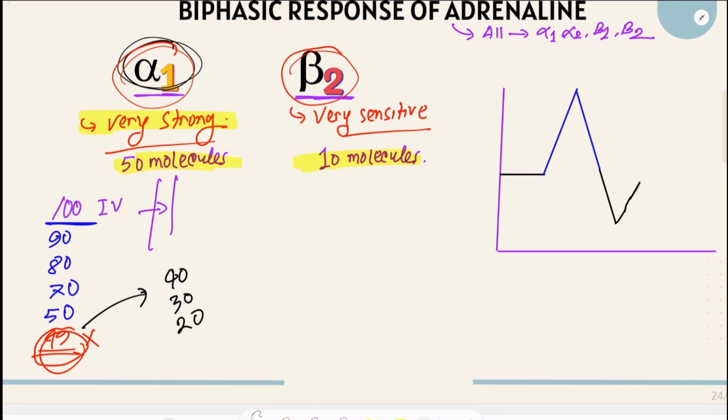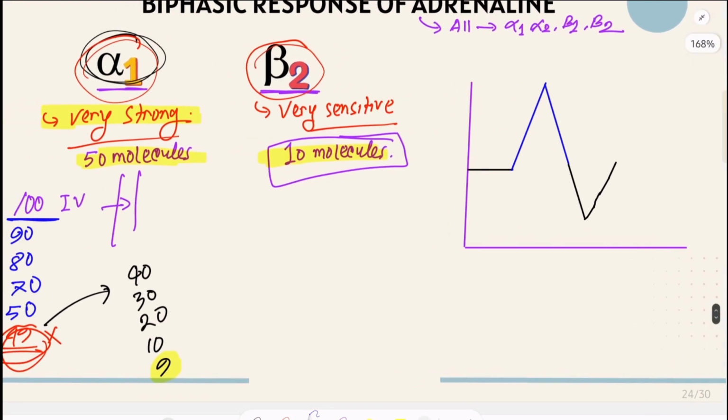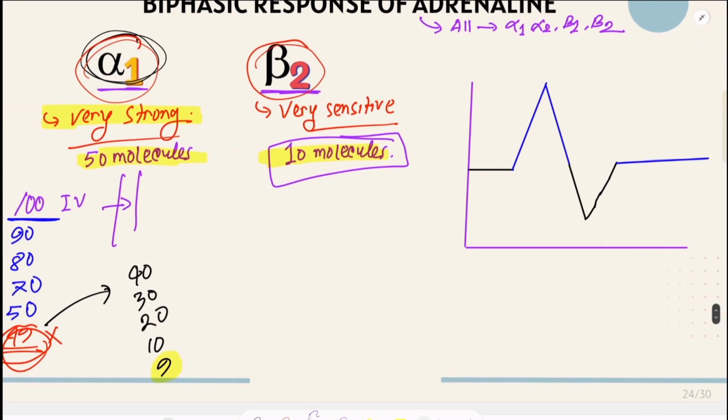And when it becomes 9, it cannot stimulate the beta 2 receptor anymore, because stimulation of beta 2 requires 10 molecules of adrenaline. So as a result, the blood pressure will again become normal.